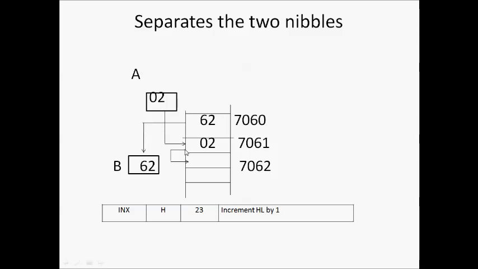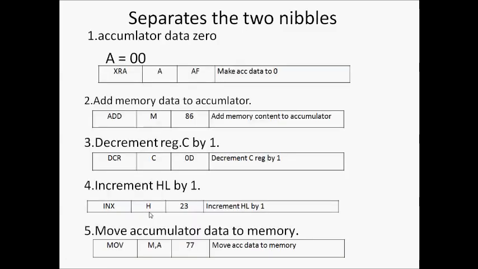The microprocessor was pointing to 7061, incremented by 1, so now it points to 7062. The instruction is INX H. In the previous slide we separated the two nibbles, and in this slide we multiply the two nibbles.